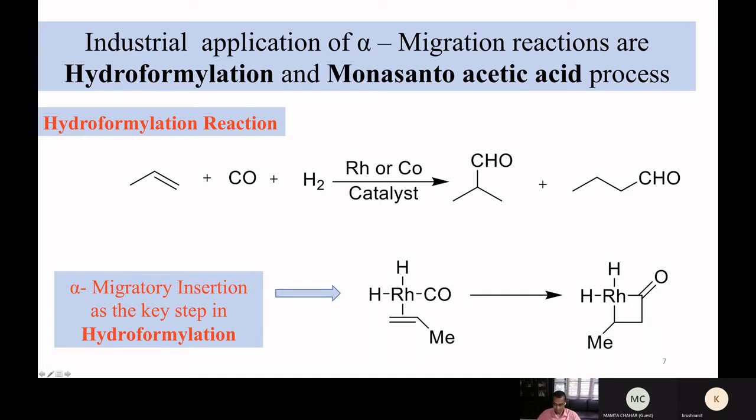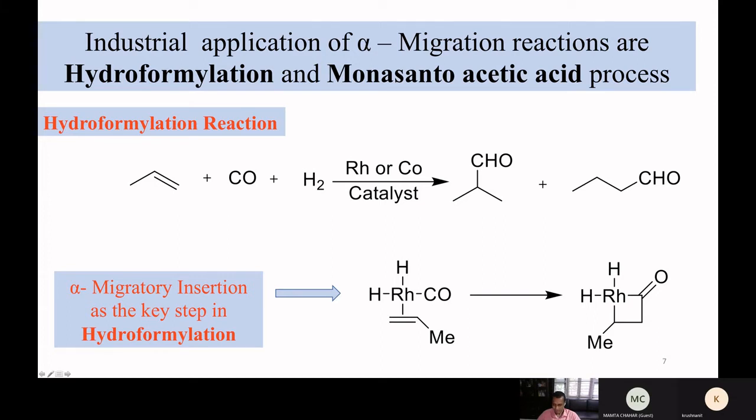Now what could happen, as you have seen, at this point you can have the alpha migratory insertion as well as a beta hydride transfer.